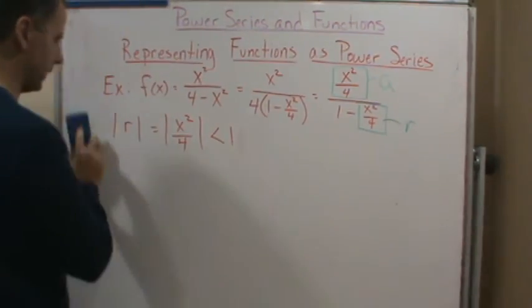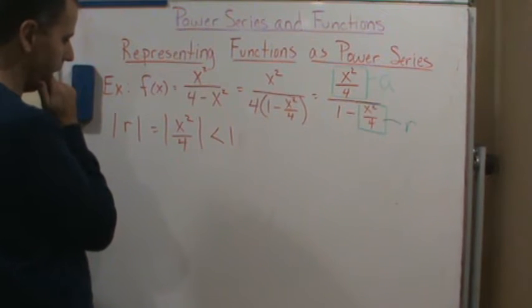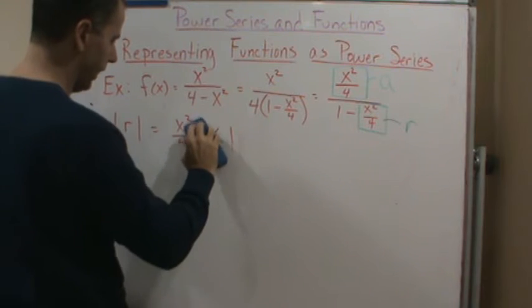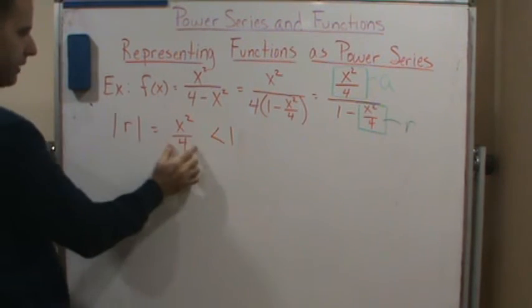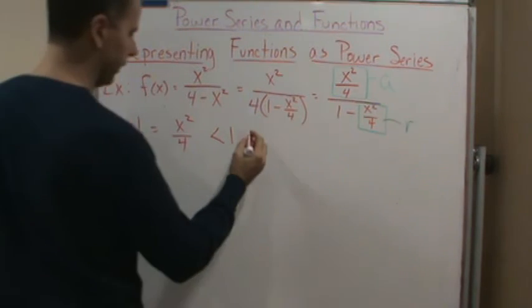So let's do this. Because this is always positive, I can drop the absolute values, and I can just say this has to be less than 1.